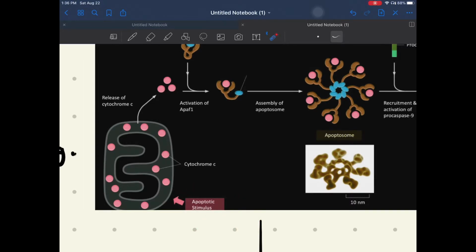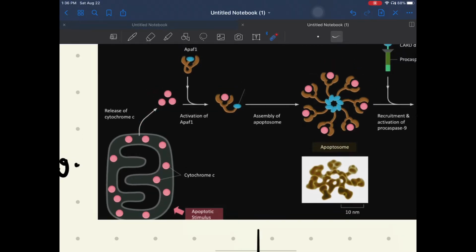So this apoptotic stimulus could be BAX, and that goes to your mitochondria. It's going to release your cytochrome C from inside of your mitochondria. If you guys remember from MCAT studying, for example, cytochrome C outside of the mitochondria is a clear sign for apoptosis.